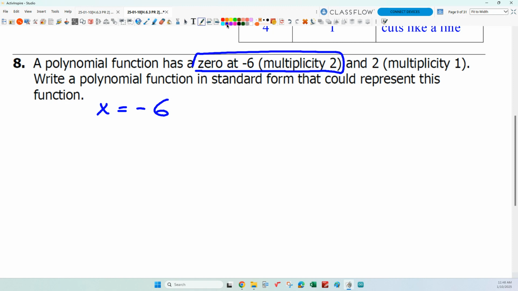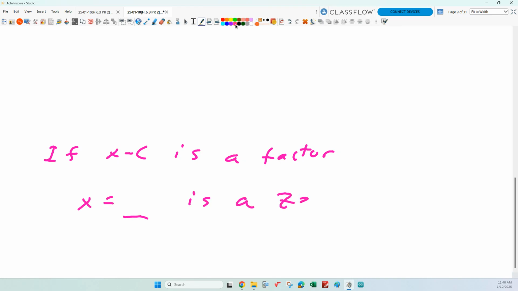Let's do this very generally. If x minus c is a factor, then x equals blank is a 0. C, right?